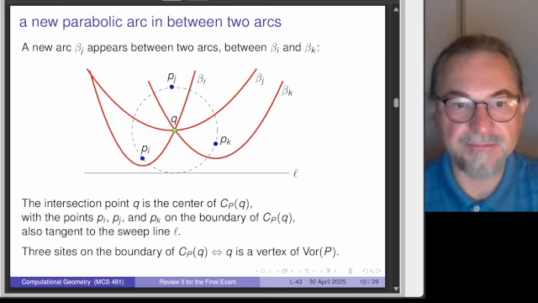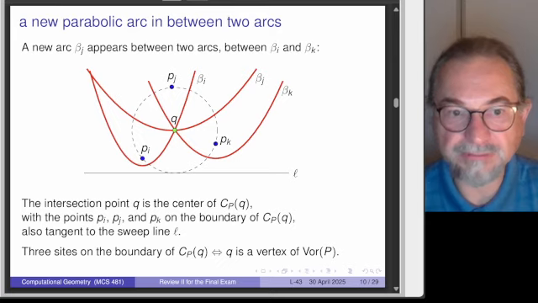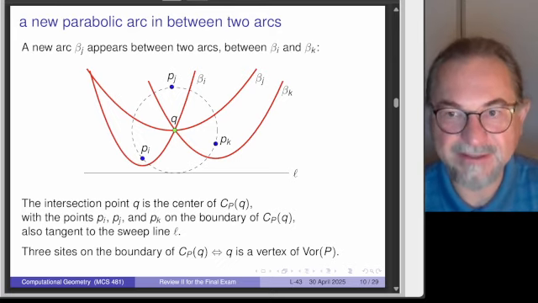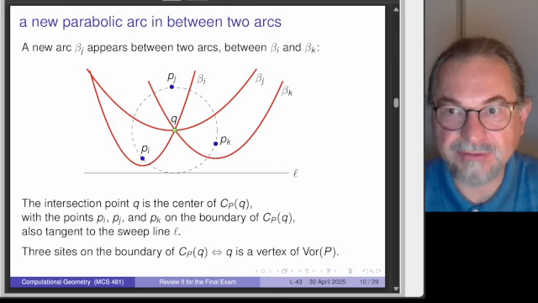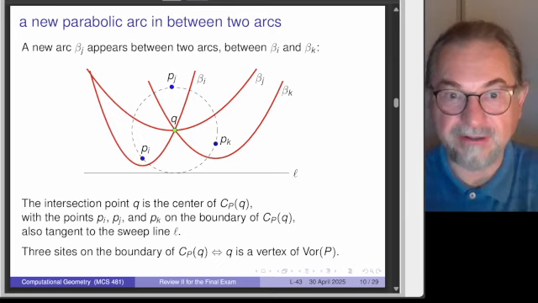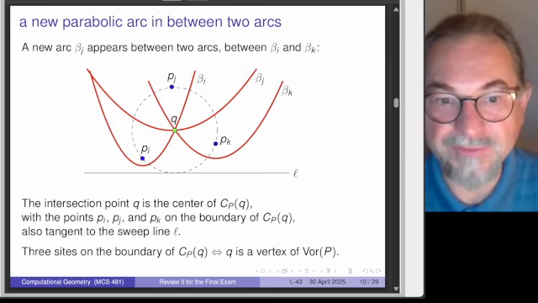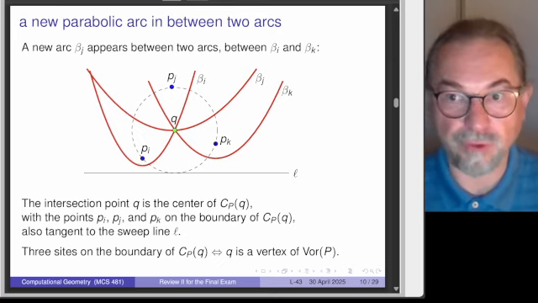If that happens, this intersection point lies at the center of a circle, and that center must be a vertex of the Voronoi diagram. We called this a circle event. During the lecture, we just plainly stated the last sentence: if you have this circle event, then you have a vertex of the Voronoi diagram.